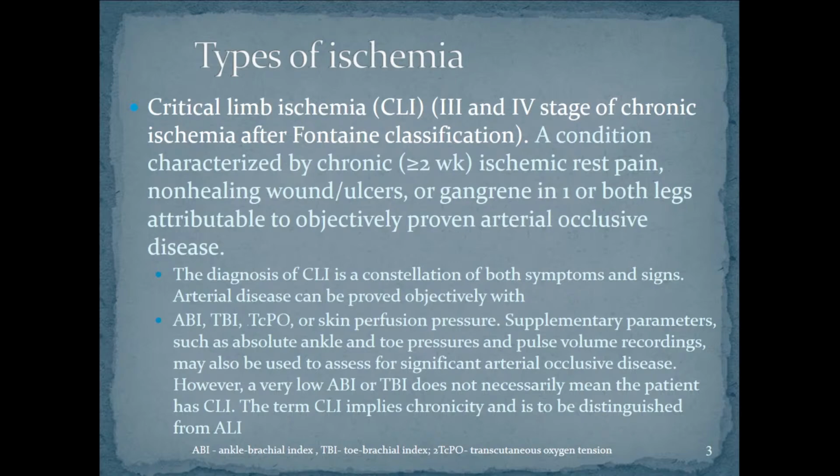The diagnosis of critical limb ischemia is a constellation of both symptoms and signs. Arterial disease can be proved objectively with ankle brachial index, toe brachial index, and the tissue pressure of oxygen or skin perfusion pressure.